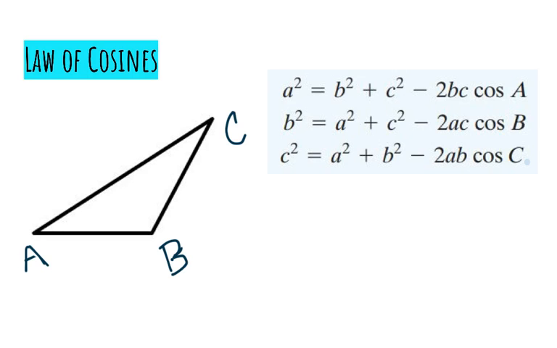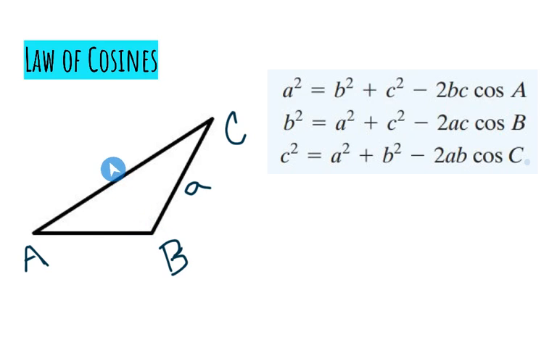So when it comes to labeling these, because we know there's that relationship between the angle and its opposite side, if this is my angle A, if I go directly across to that opposite side, I know that has to be side A. If this is my angle B and I want to find side B, I know that angle has a direct relationship to that opposite side.